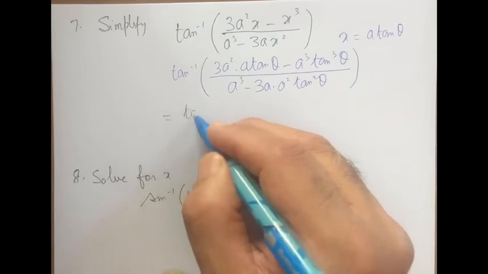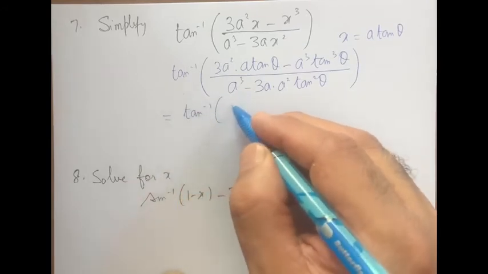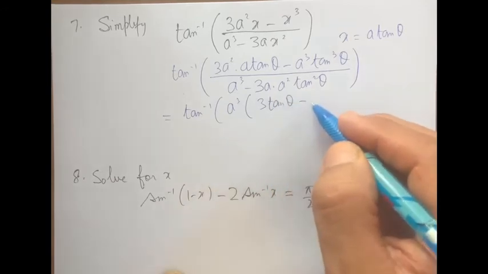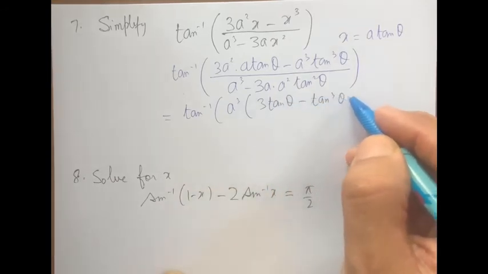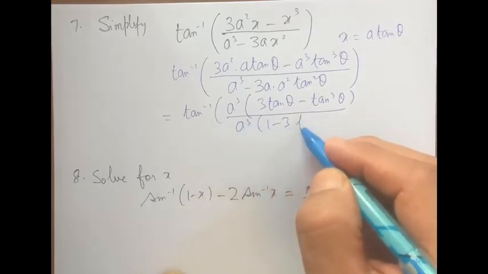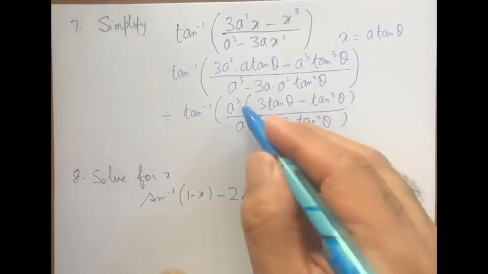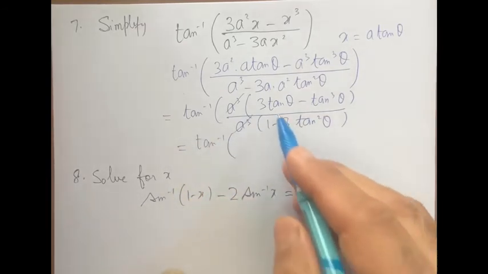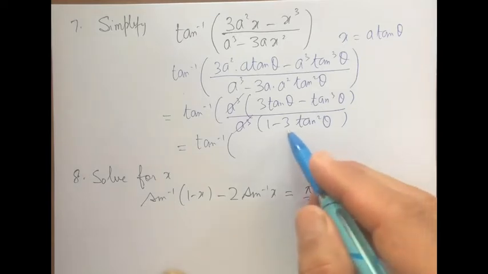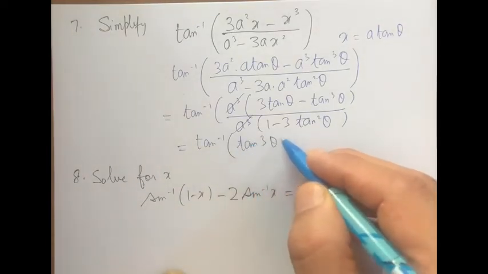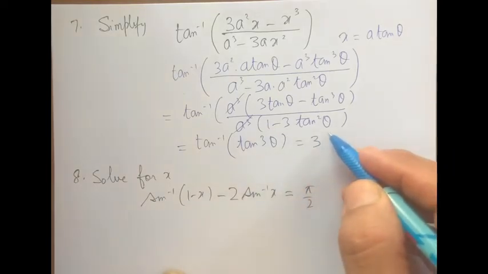This is further tan inverse of, now take a cube common, 3 tan theta minus tan cube theta upon a cube into 1 minus 3 tan square theta. A cube will cancel out, this is tan inverse of 3 tan theta minus tan cube theta upon 1 minus 3 tan square theta, this is tan of 3 theta. Tan inverse of tan 3 theta, this is 3 theta.